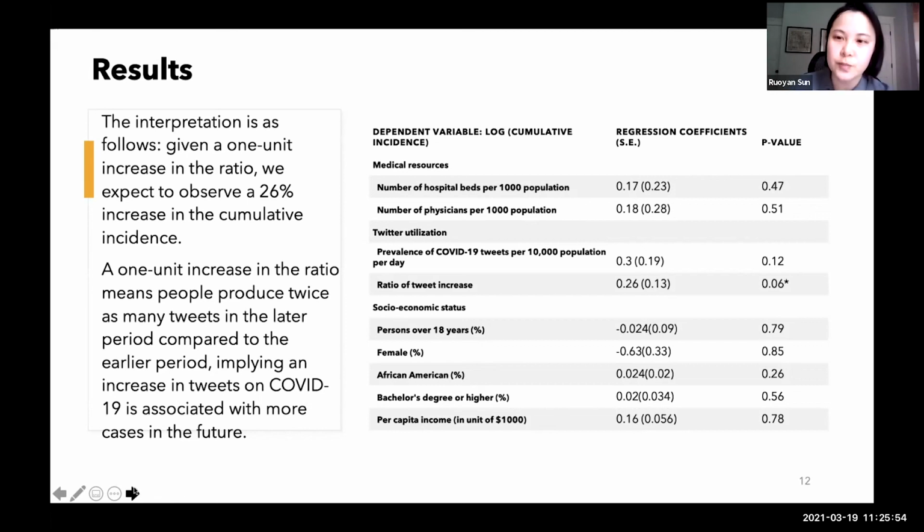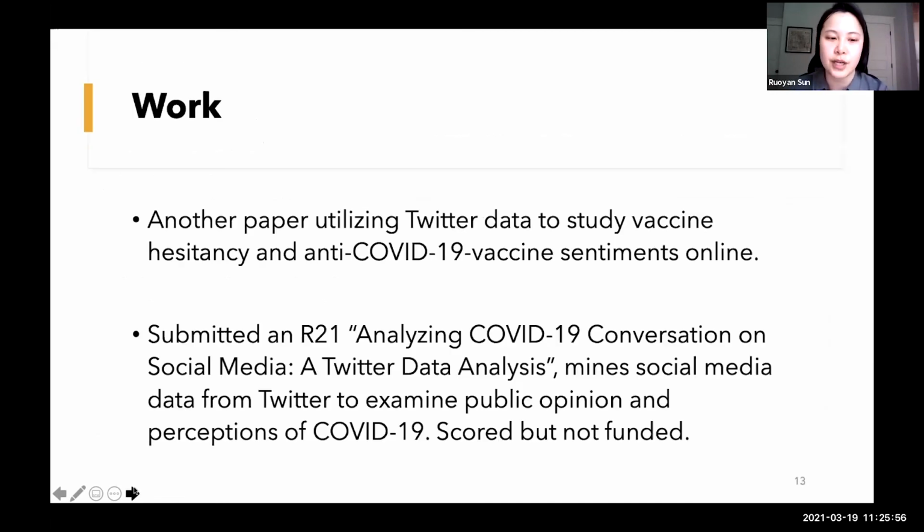Based on this project, I also worked with some other colleagues here at UAB, and there were two other projects that we finished. The first one is that we submitted another paper looking at vaccine hesitancy and anti-COVID-19 vaccine sentiments online, also using Twitter data.